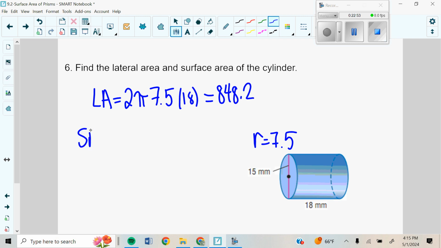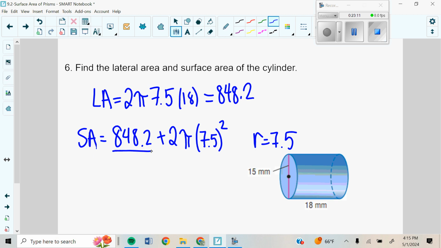All right, so surface area, we're going to take that lateral area from before plus our 2 times pi times our radius of 7.5 squared. So I'm going to use my rounded answer here right now, and then we'll just talk in a moment about how that might change it. So 2 times pi times 7.5 squared.